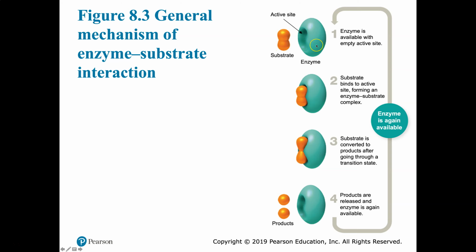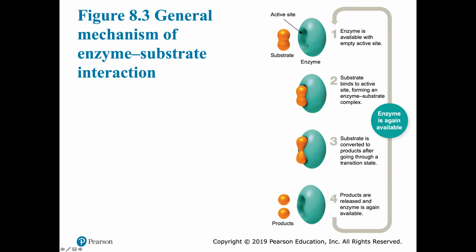So an enzyme has a couple of sites to it. One of them is the active site. That's where the substrate will bind. So whatever the enzyme is going to act on or mess with, so to speak, will bind to the active site.